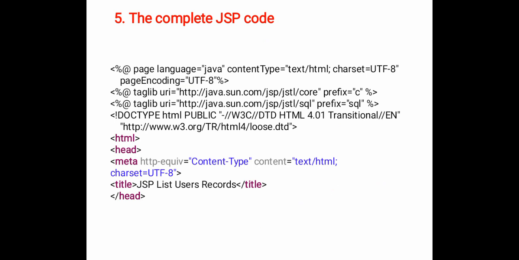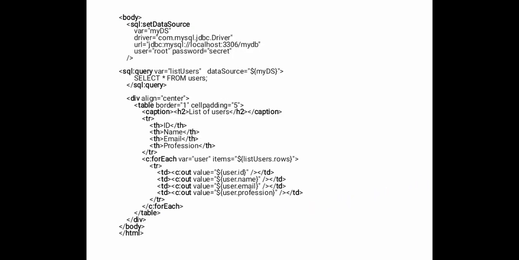Now in the fifth step, the complete code of JSP, whatever we have created in steps 1, 2, 3 and 4, we will completely combine it in the fifth step. In the body part, firstly we are assigning setDataSource with database name, driver name, username, password.